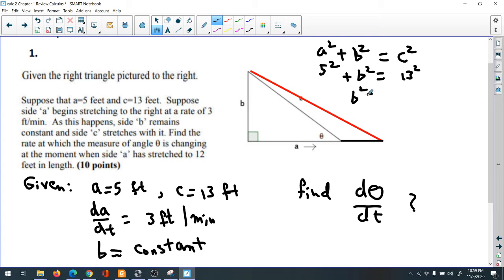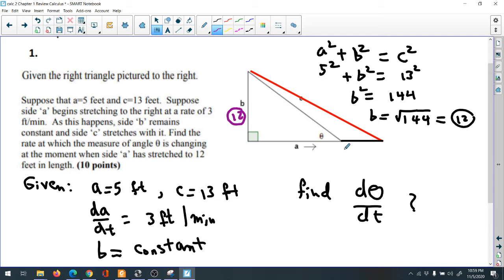Then B squared equals 169 minus 25, which is 144. Take the square root of both sides: the square root of 144 equals 12. So the missing side B is 12. Let's color it differently. B equals 12 over here. We finished that.